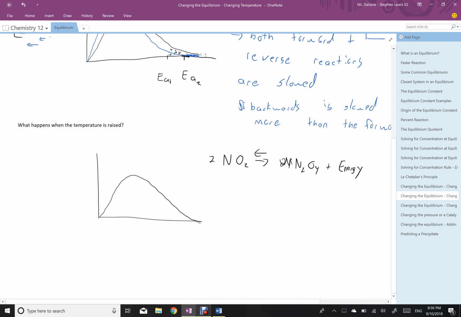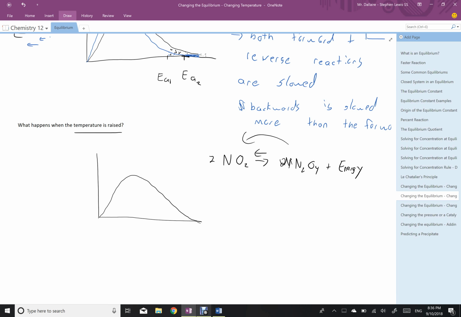Le Chatelier tells us when the temperature is raised, the system will respond by trying to undo or resist the change. So if the temperature is raised, that means there's extra energy, so the reverse reaction will be favored in an attempt to use up that excess energy.